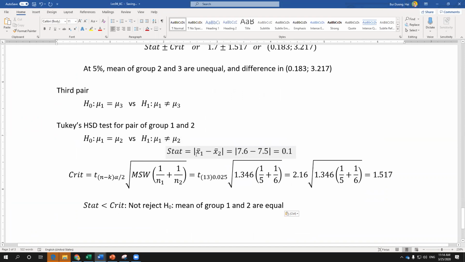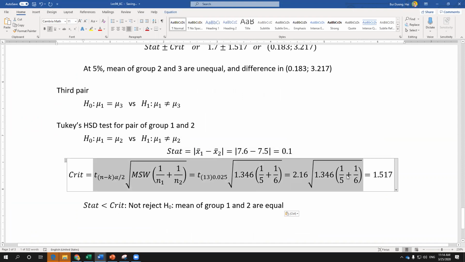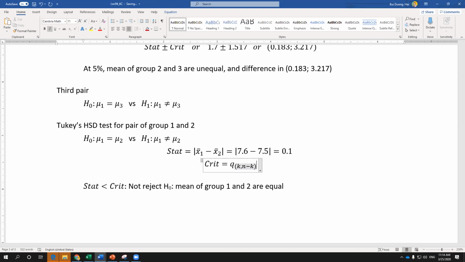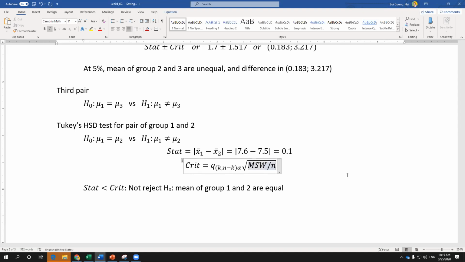Statistics still be here, X bar 1 minus X bar 2, but critical value different, equal to Q k, N minus k, alpha, and square root of MSW over N star.